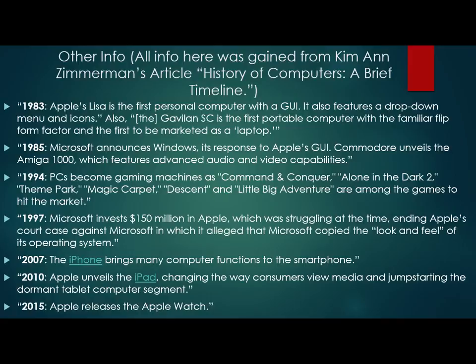In 1994, PCs became gaming machines as Command & Conquer, Alone in the Dark 2, Theme Park, Magic Carpet, Descent, and Little Big Adventure are among the games to hit the market. In 1997, Microsoft invests $150 million in Apple, which was struggling at the time, ending Apple's court case against Microsoft, in which it alleged that Microsoft copied the look and feel of its operating system.